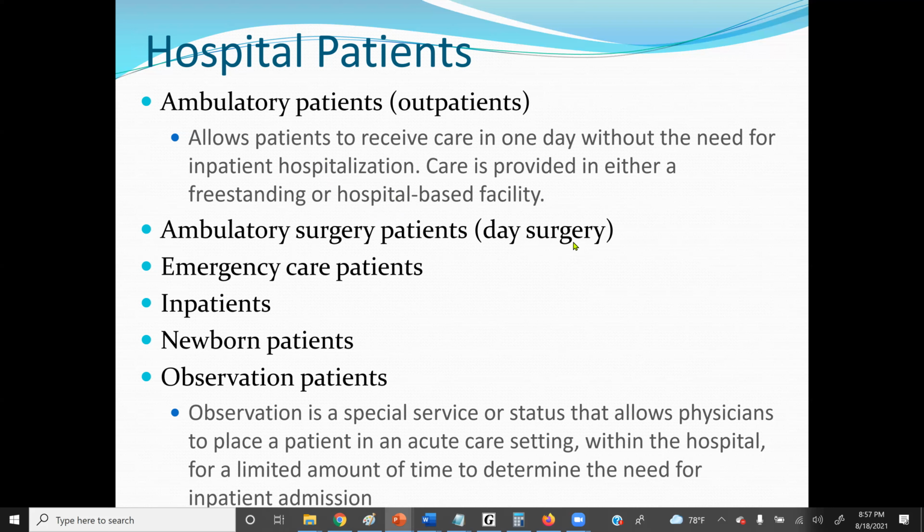We may have day surgery. So these patients may have a surgery during the day and they may not stay in the hospital overnight. And these are called ambulatory surgery patients.